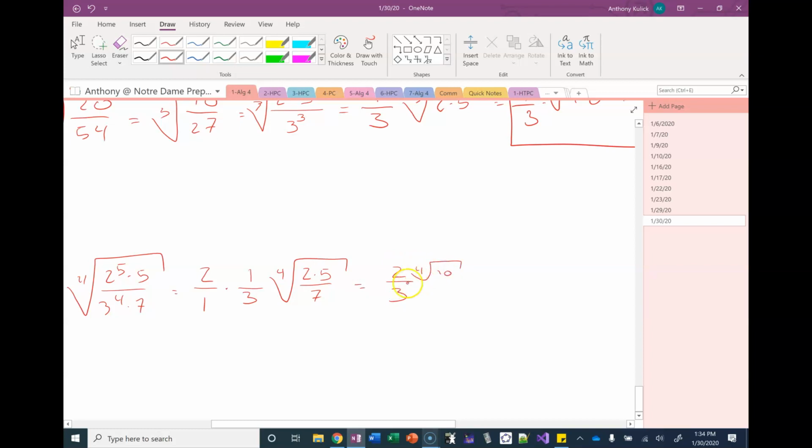So now to get rid of this fourth root of 7, what do I have to multiply the top and bottom of this by? How many 7s do I have in my radical right now? 1, right? To make an exchange, how many do I need to have? 4. So how many more 7s do I need? 3.